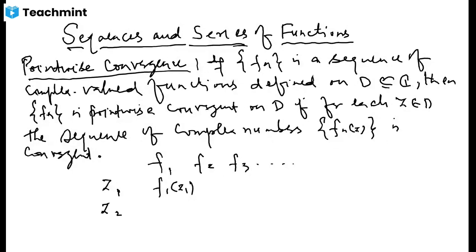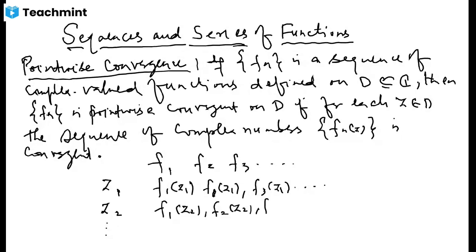Similarly F2 of Z1 is a complex number, F3 of Z1 is a complex number. In this way, when you take a particular Z, you get a sequence of complex numbers. And similarly, you calculate F1 at Z2, F2 at Z2, F3 at Z2, and so on.